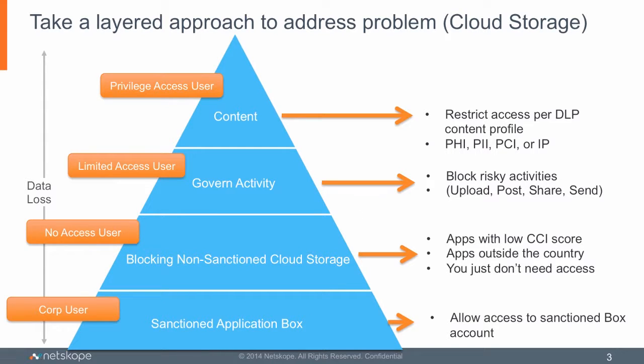Again, depending on the company, there'll be little things that may need to be changed, and some of these different access levels will vary depending on the company, but this is a good model for best practices for securing cloud storage applications and other applications. Again, it's not specific to cloud storage, it's just an example. This could apply to any application or application category.